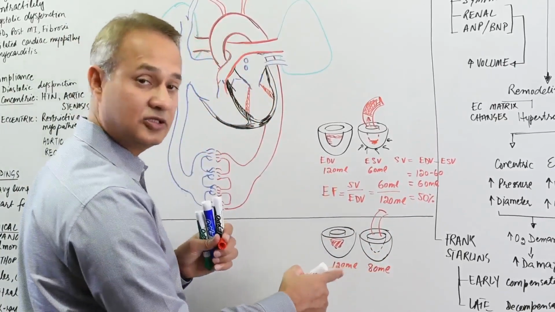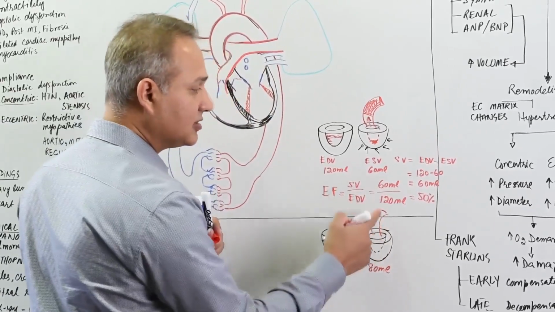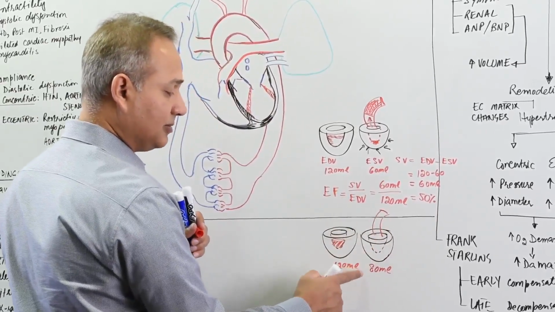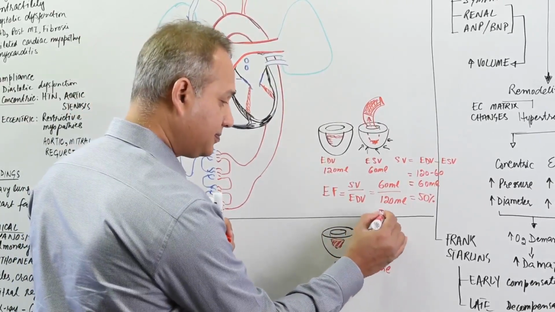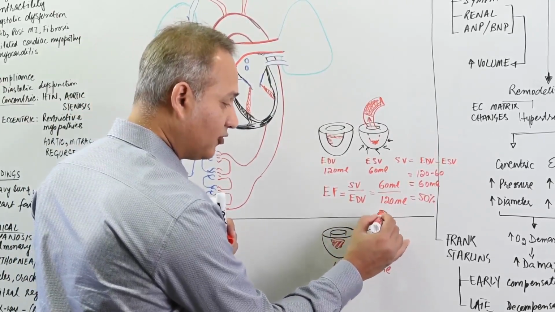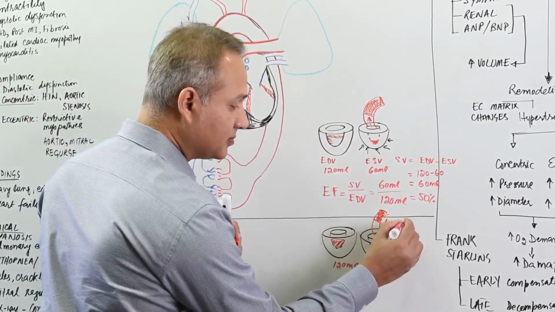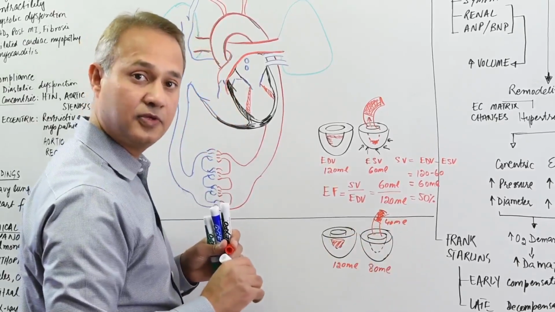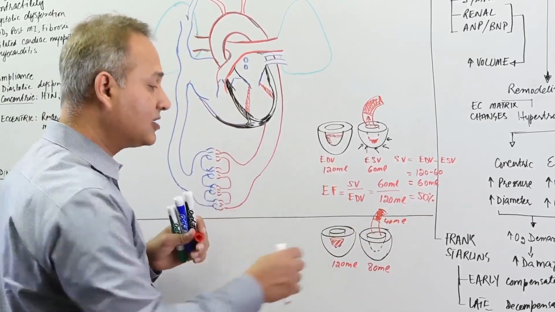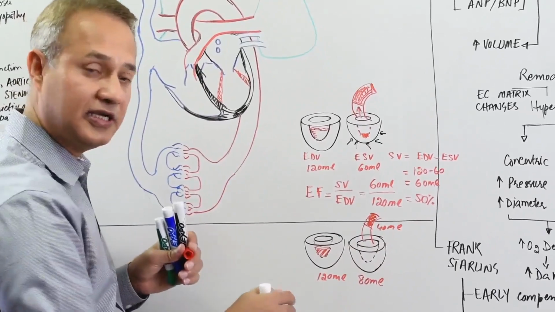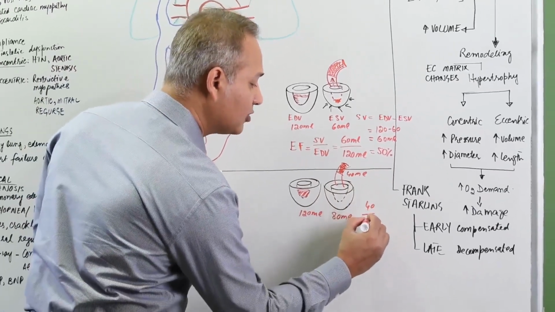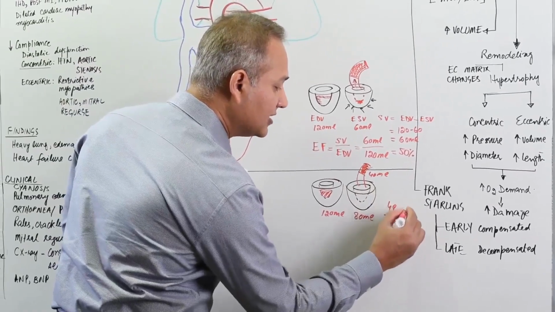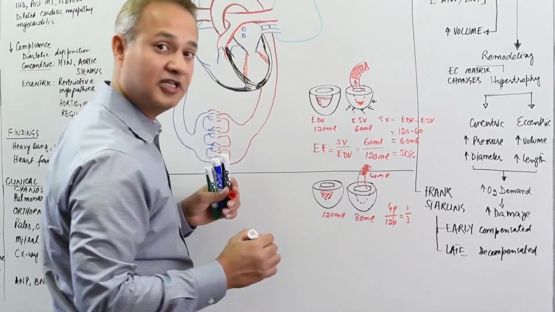What is the stroke volume then? You subtract 80 from 120, that is 40 milliliters ejected. Now, the 40 milliliter ejection out of 120, so you get the ejection fraction by dividing 40 by 120, that is 1/3, 33%.